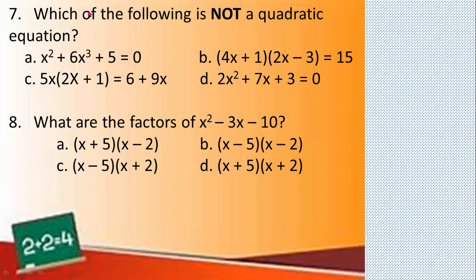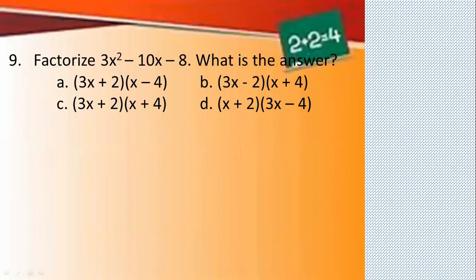Number 9. All right. Factorize 3x squared minus 10x minus 8. What is the answer? Okay, so factor out the first term and the third term, but just make sure that you can get the middle term.